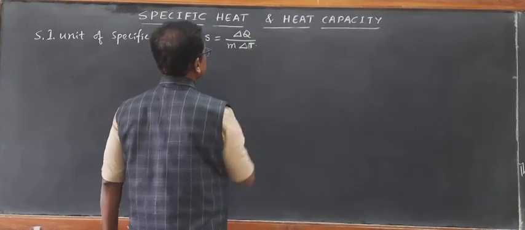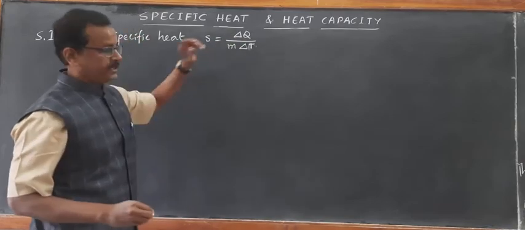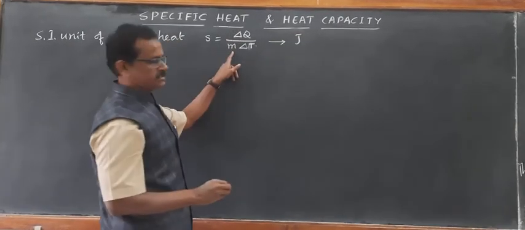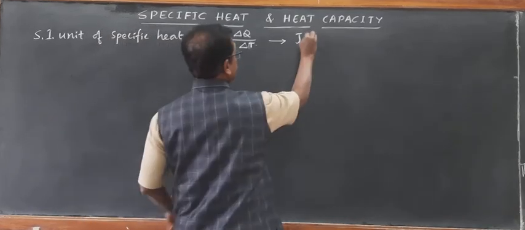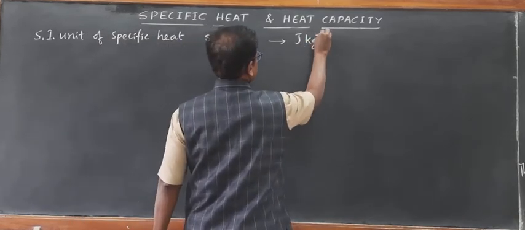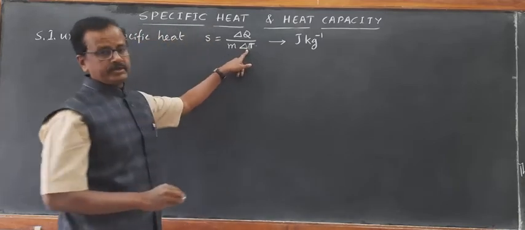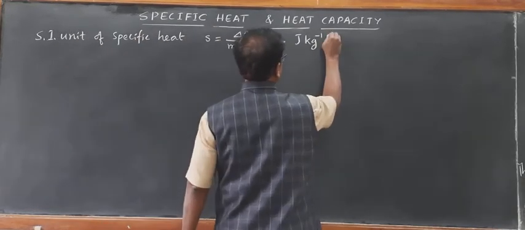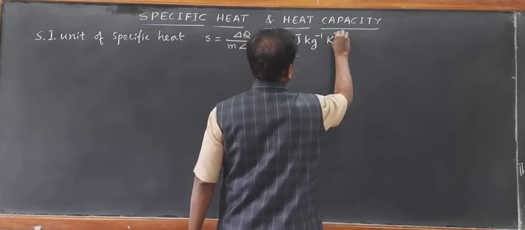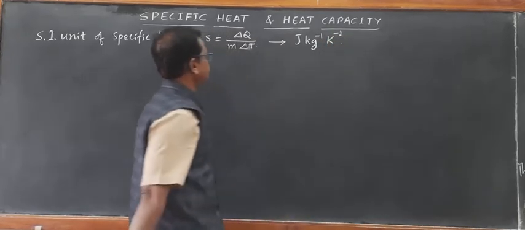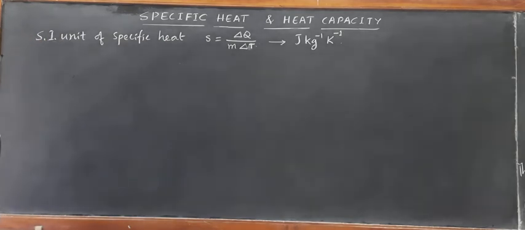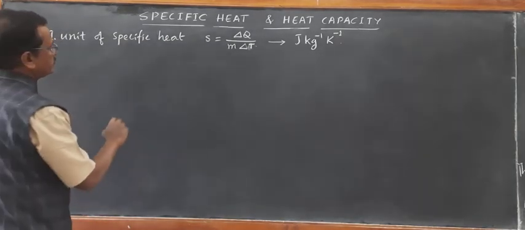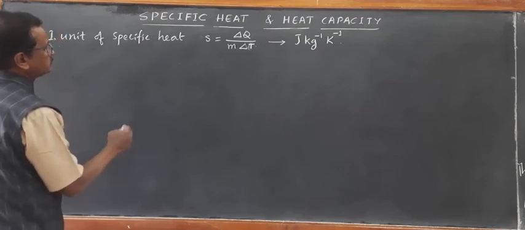So the SI unit of heat is joule. The m in the denominator is kg, so it becomes per kg, joule per kg. And the SI unit of change in temperature is Kelvin, so joule per kg per Kelvin. So this is the SI unit of specific heat.